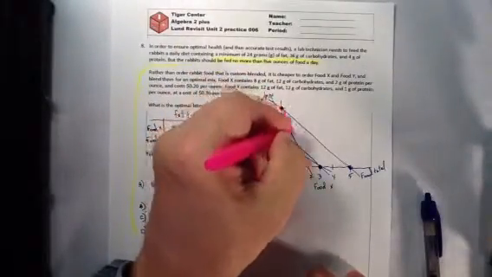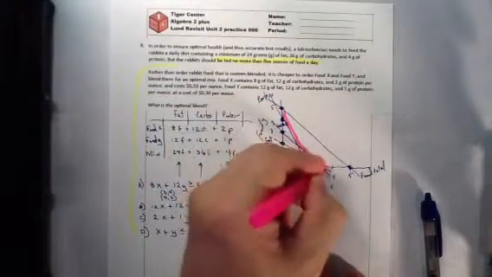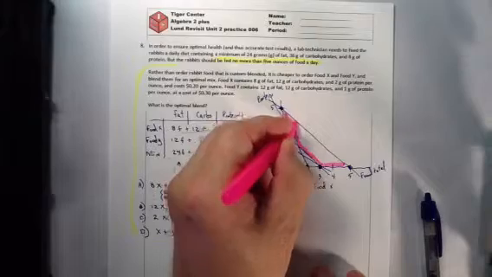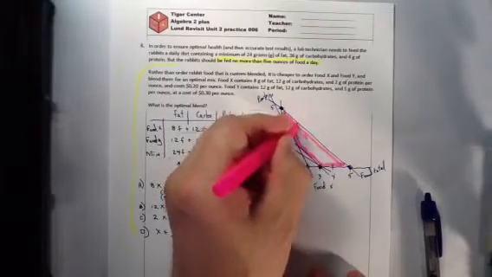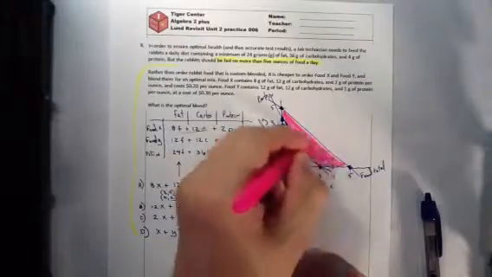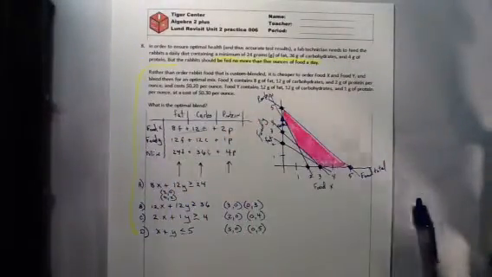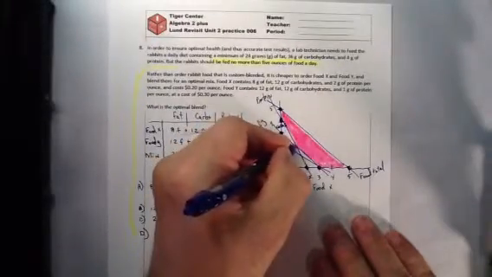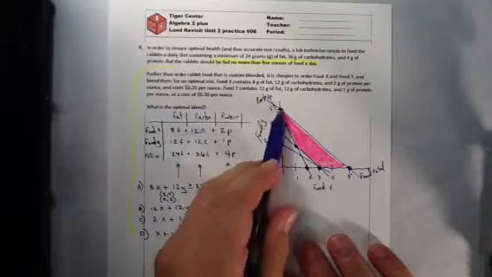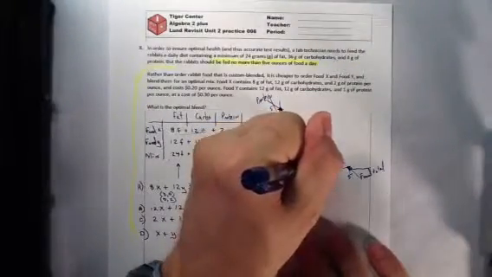So let's take a second here and make sure that we can understand and highlight the feasible area. Now, we have the feasible area. We're going to have 1, 2, 3, 4, 5 total points. So let's just mark these real quick.